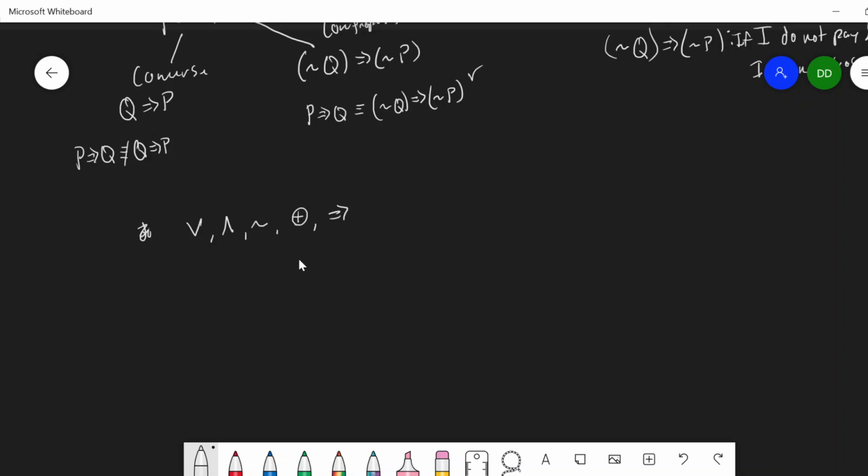That's what we're investigating here. So if I have the implication P implies Q, what is not (P implies Q)? Is there any other way for me to write this and understand what the negation of this is? Is there any kind of distributive law for me to bring this negation into P and Q? That's the question here.